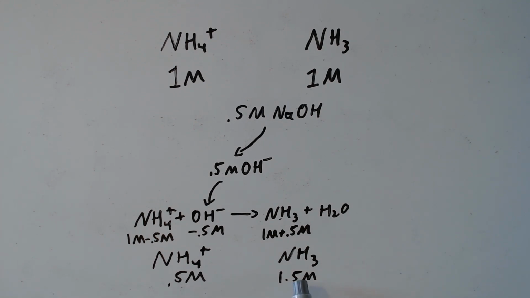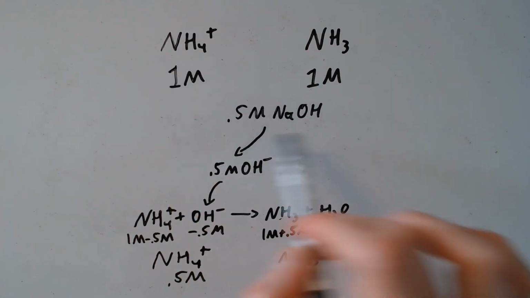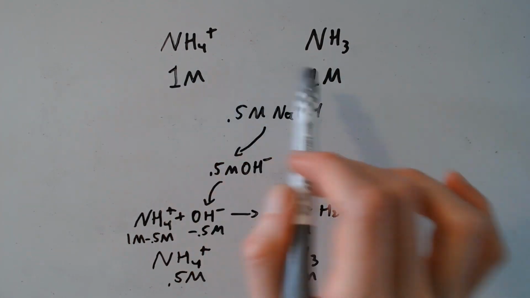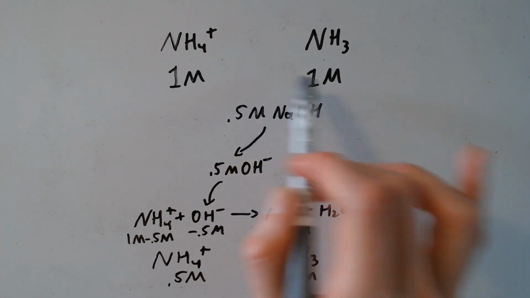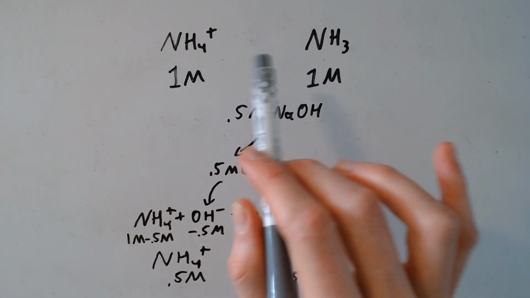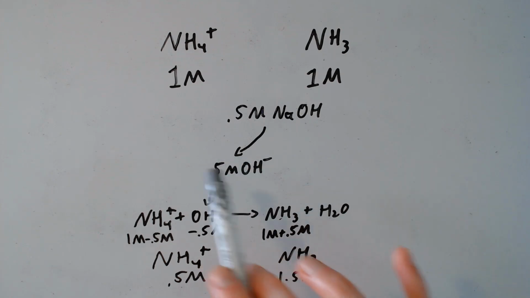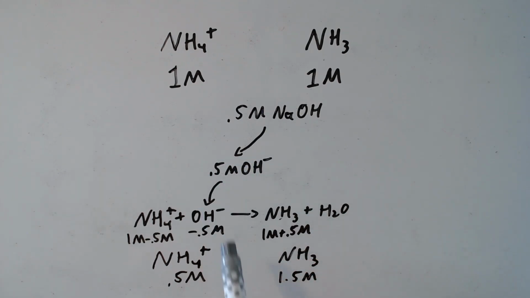So again, this initial concentration before we added NaOH was static. It was essentially unchanging because these reactions in between them are pretty weak. They're both weak substances. And then after we added this NaOH, their concentrations drastically changed because these OH- are very strong.